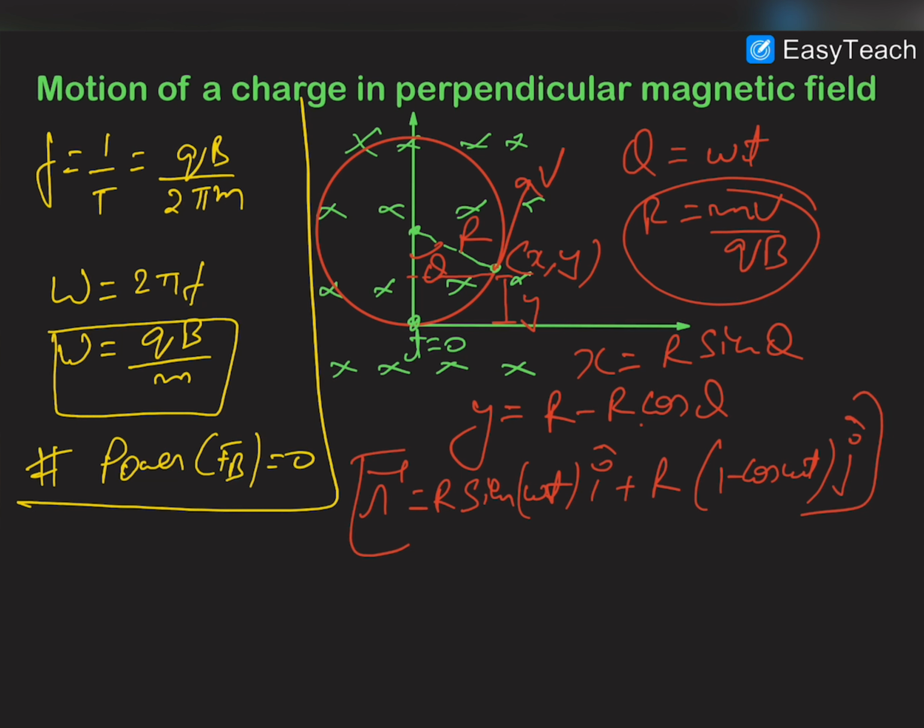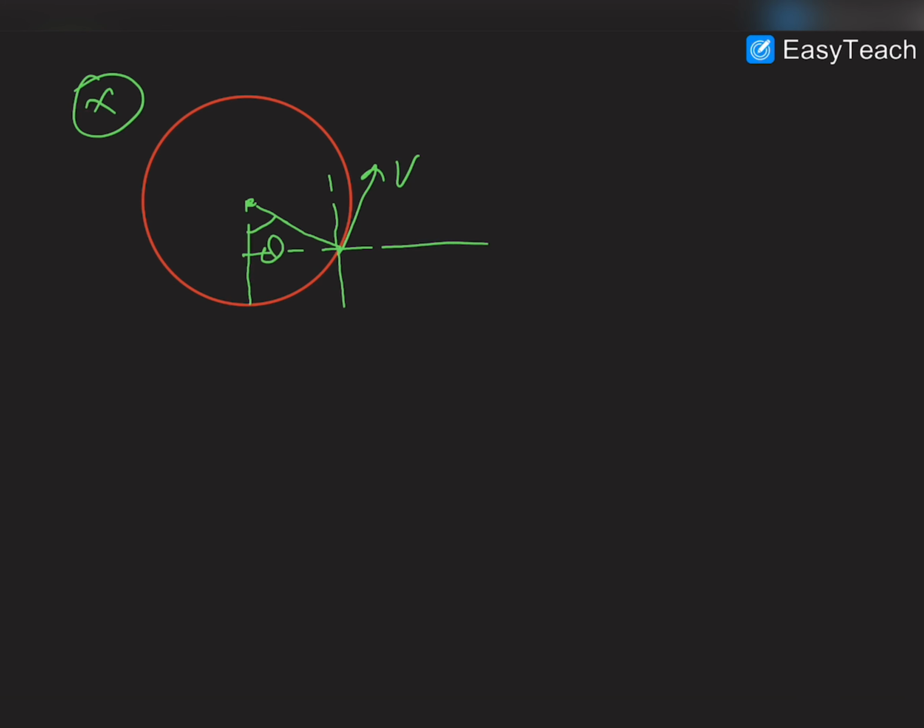And if we wish to find out the velocity vector, then we can again use another diagram. Let us draw quickly. Now at this position, theta angle, velocity is like that. This is v, and this angle is theta, and this angle is theta.